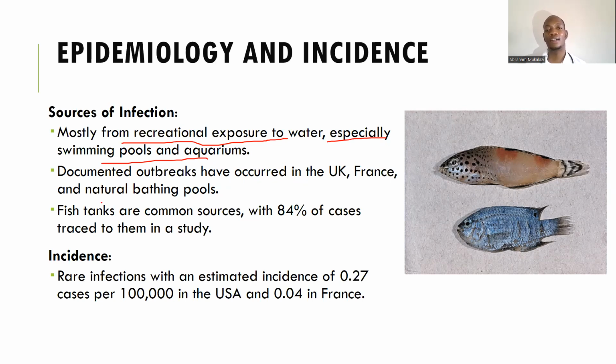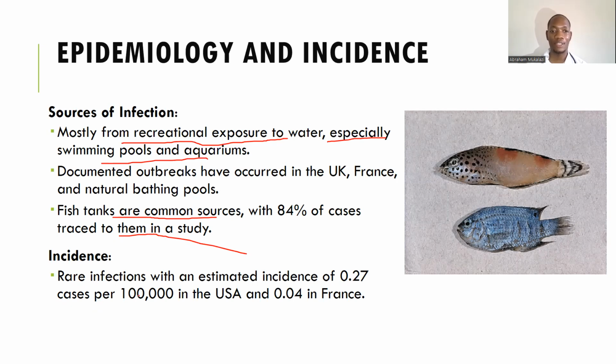So sometimes early on in France, they documented some outbreaks because of this bacteria, but later on they were controlled. And sometimes people who keep fish in tanks at home, like people who are doing pond farming of fish, can also end up being infected by this bacteria.